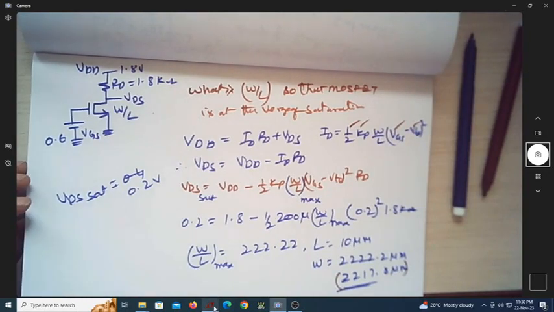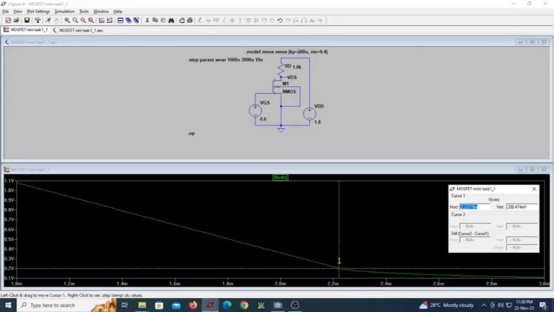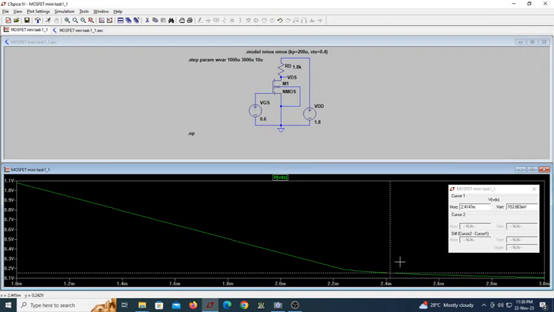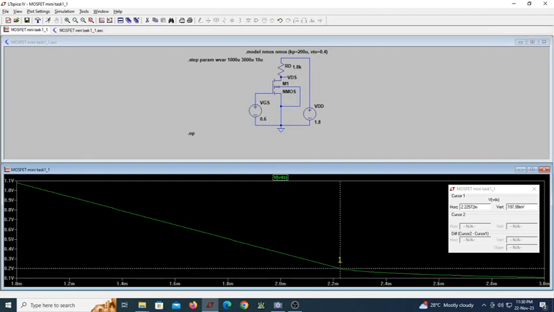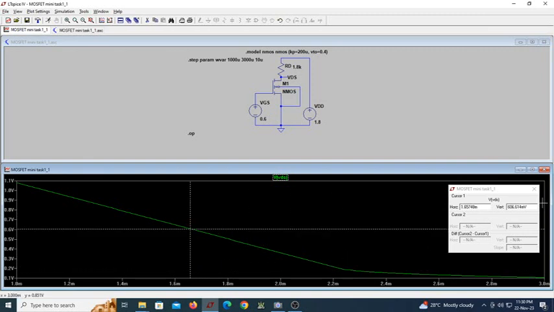That's what we saw here. Can you see this going below that 0.2? You can see 125, 153 millivolts, all those things. If W by L is less than that, it is still in saturation. Here W by L is something like 160 or 150.